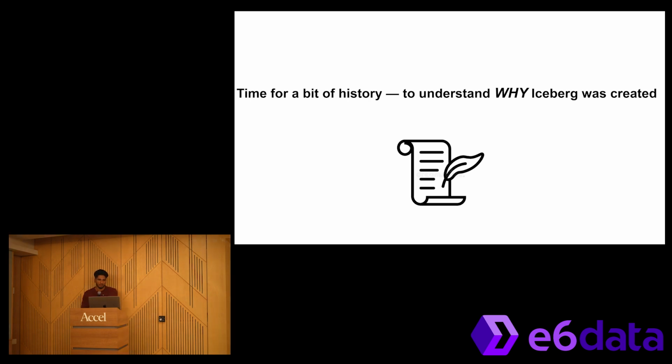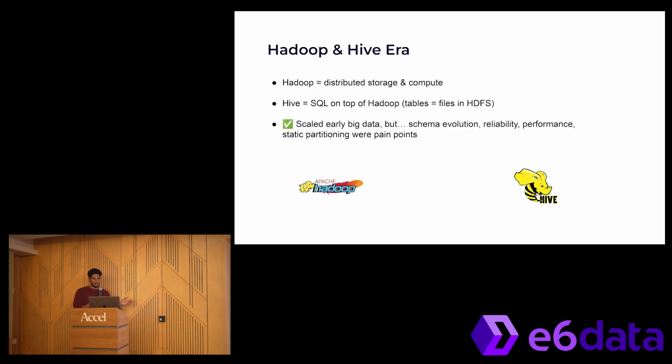In the last decade, Hadoop was widely used. Hadoop is a distributed processing framework, and the Hadoop Distributed File System, which was the storage powering all this, was used widely. A lot of companies were using it, and Hive was a data warehouse infrastructure built on top of HDFS.